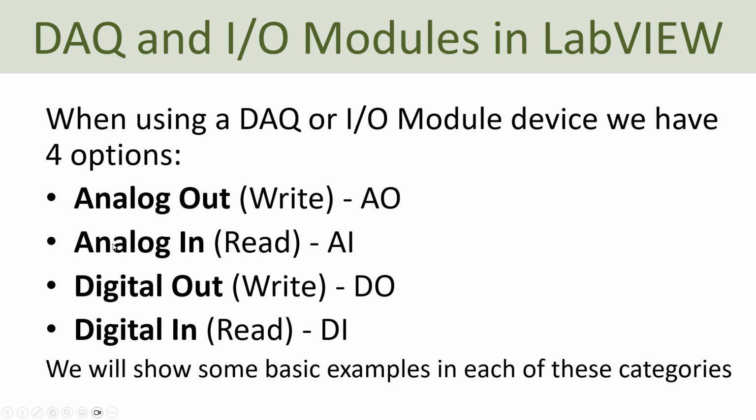So in this tutorial I showed how to use the analog input pins on the DAQ or I/O modules in LabVIEW, while in other videos in this series I will show how to use the analog output and the digital input and output pins as well.